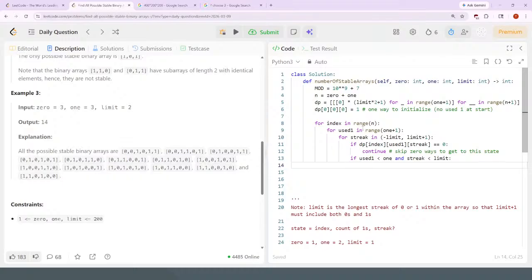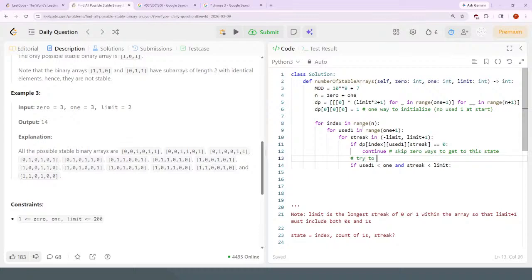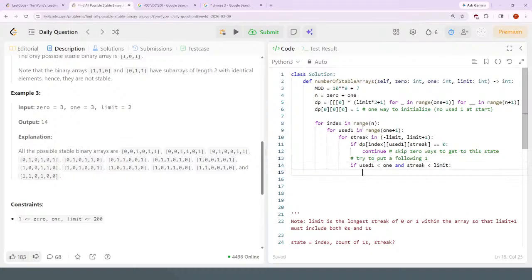Okay. Try to put a following one. So dp index plus 1, use 1 is going to be plus 1. And the streak should be what?